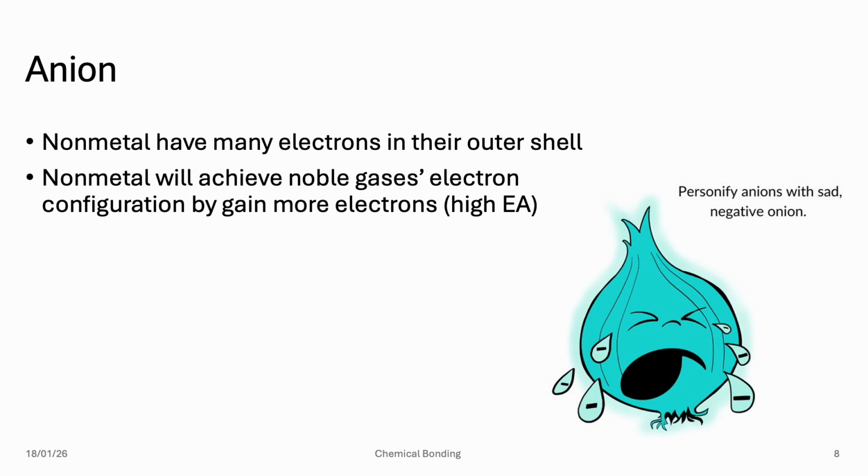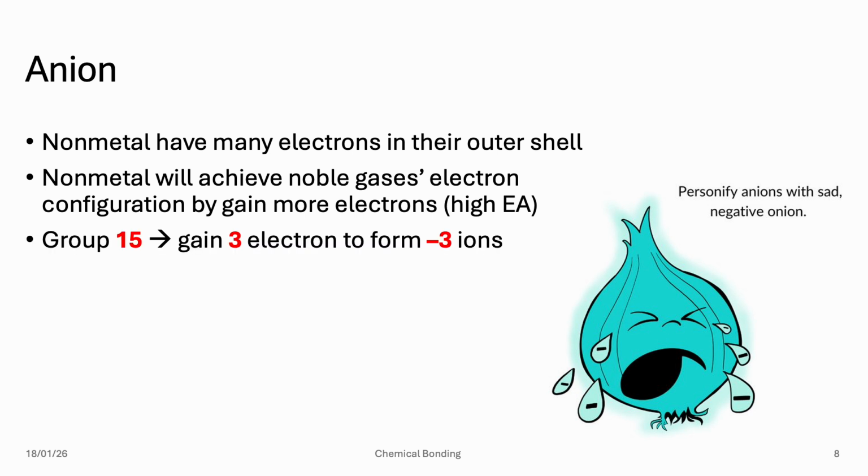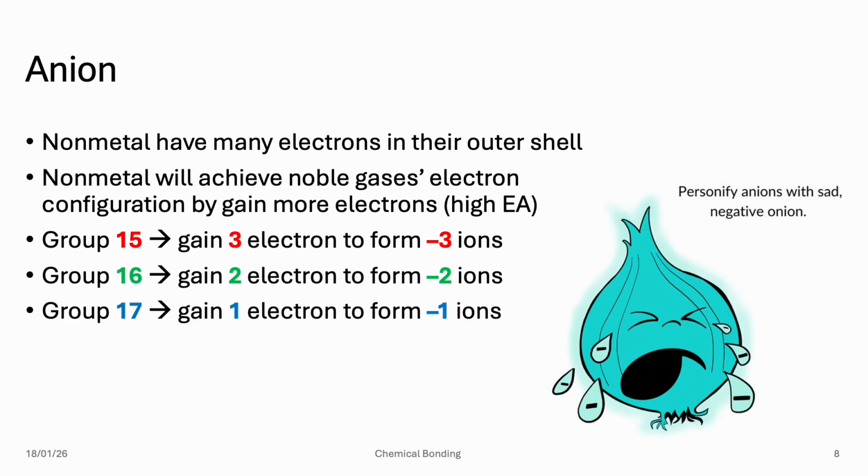So much energy will be released during this process. Group 15 will gain 3 electrons to form -3 ions. Group 16 will gain 2 electrons to form -2 ions. And group 17 will gain 1 electron to form -1 ions.